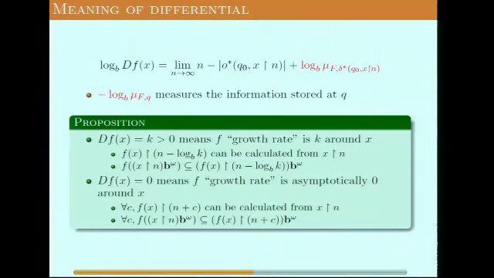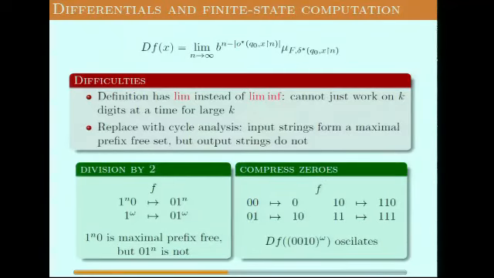If the output grows faster than the input, then the differential will go to 0, because the first part will go rapidly to 0 and the second part is bounded.